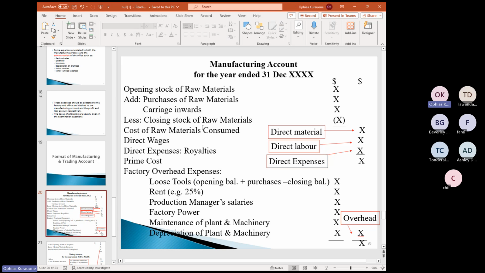Then after that, we look at the closing stock of raw materials here. This is the stock of raw materials closing.